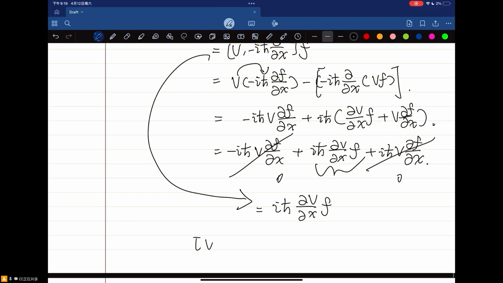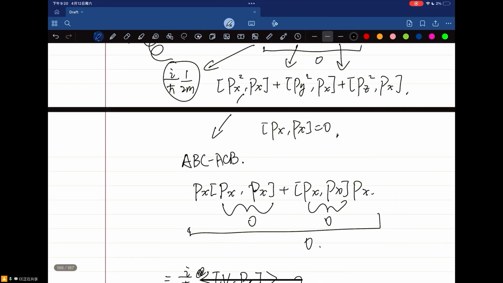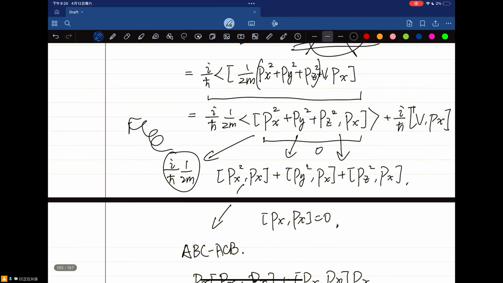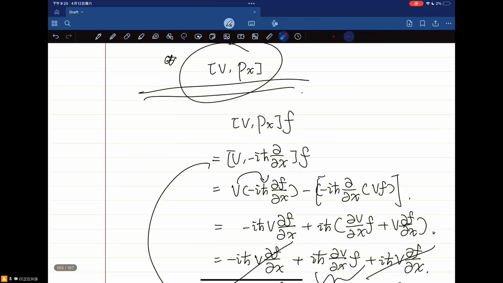So now we know the commutator relation for px and V is i h bar del V del x. Okay, so now we can use these results here, right? We already showed this is 0, so we can just add it here.